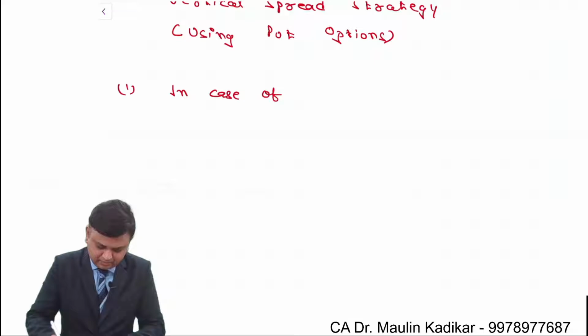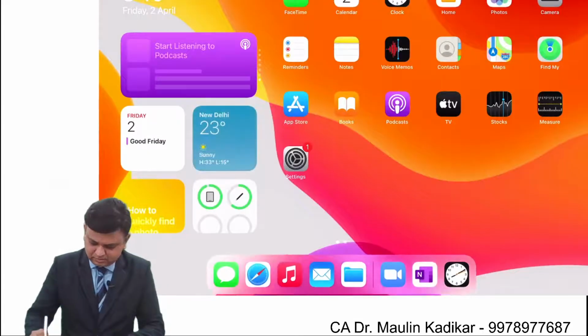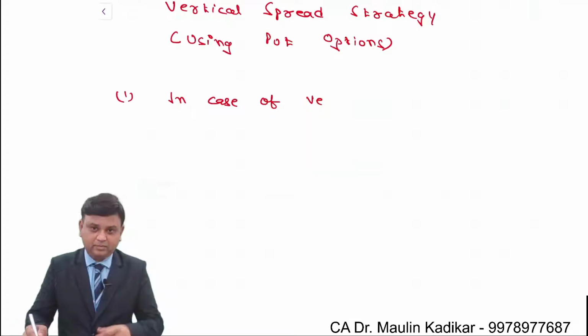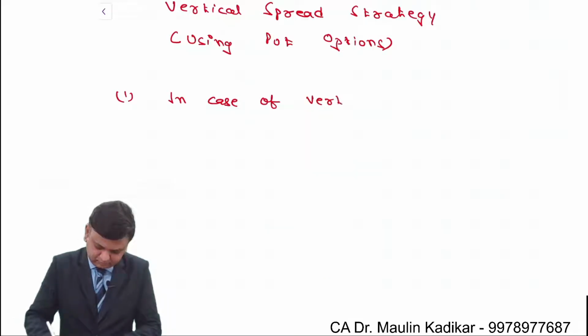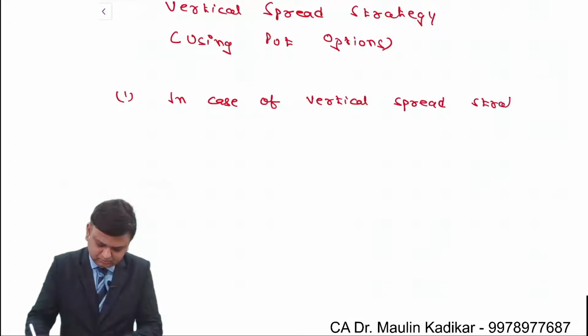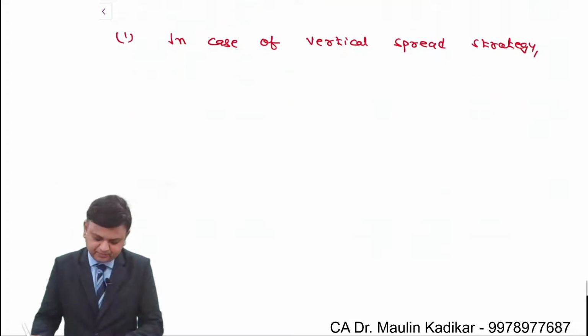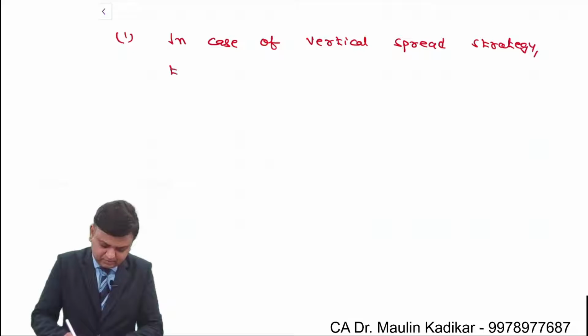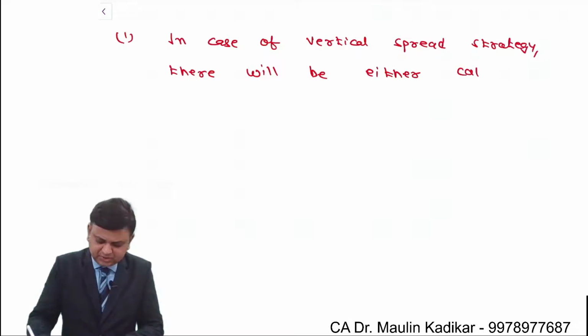In case of vertical spread strategy, comma, there will be either call options or put options.